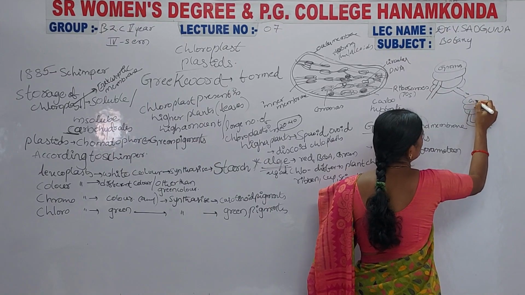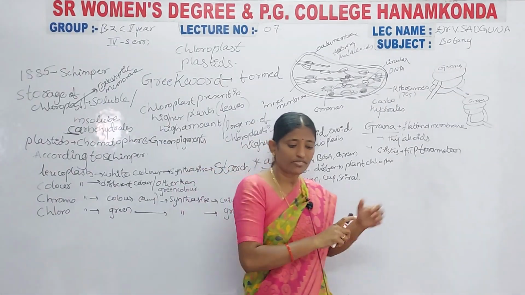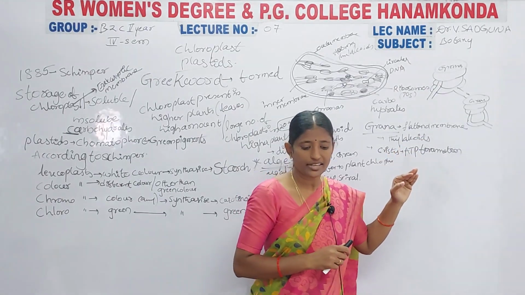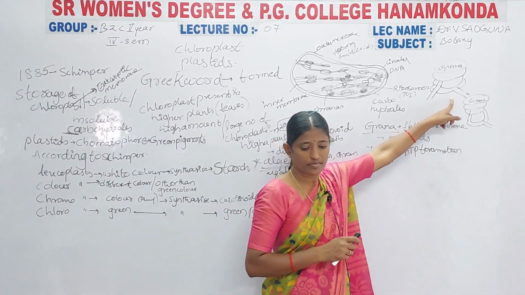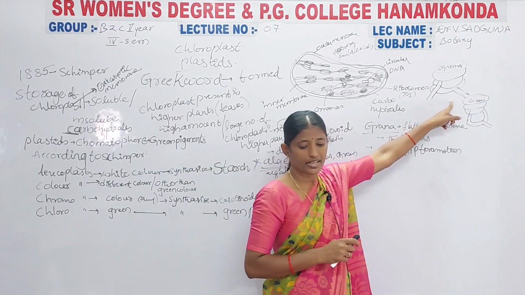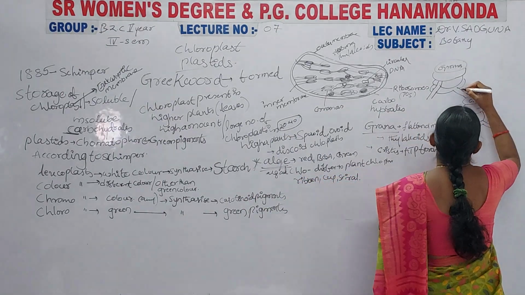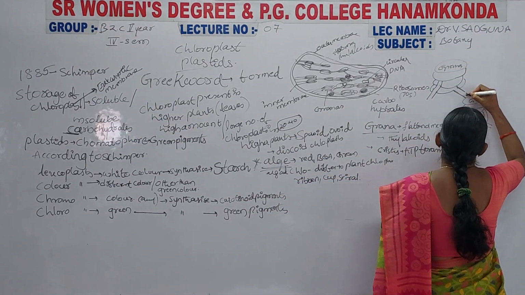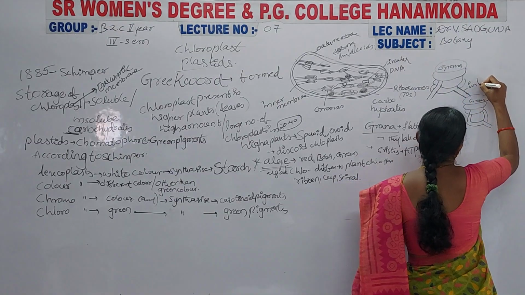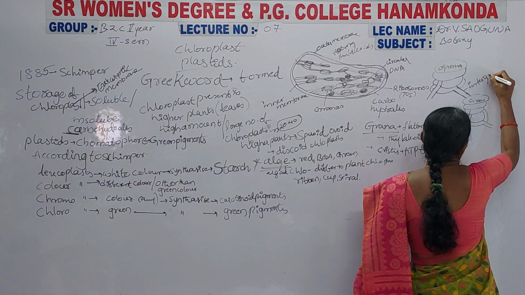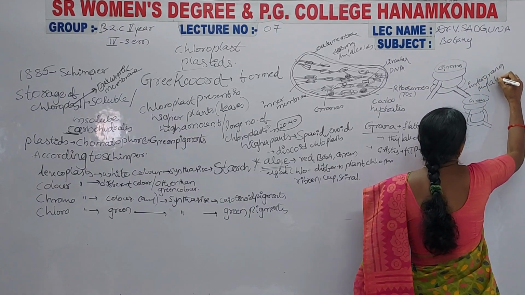So this is also grana. In this type of end-to-end grana, it is called intergrana thylakoids. In between the attachment of two granas, that is the intergrana thylakoids.